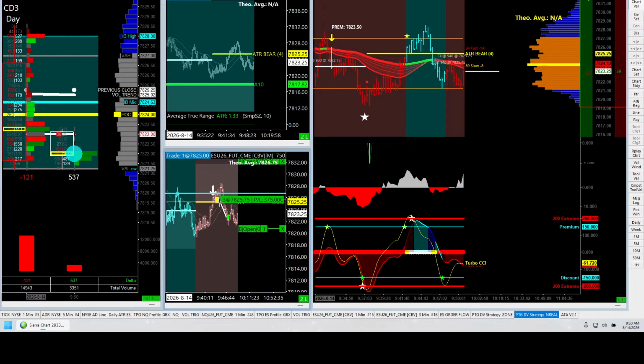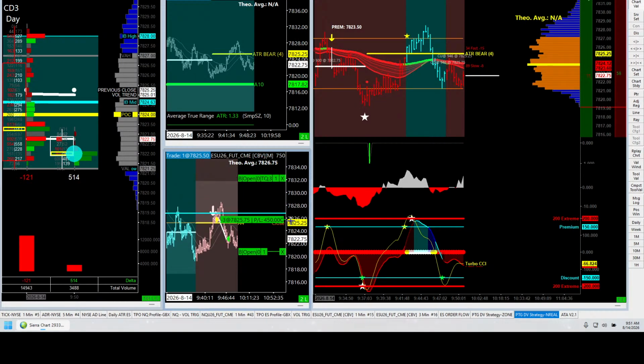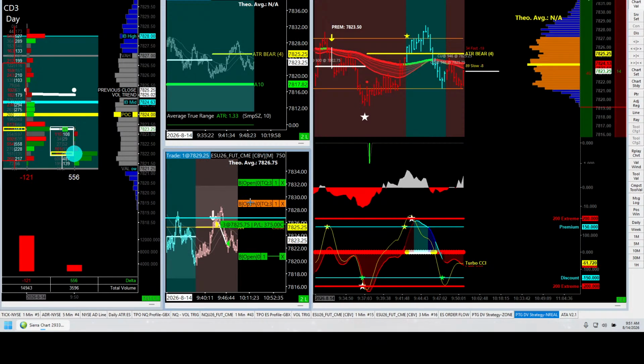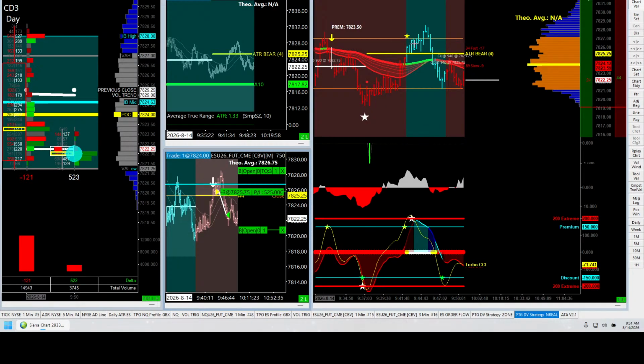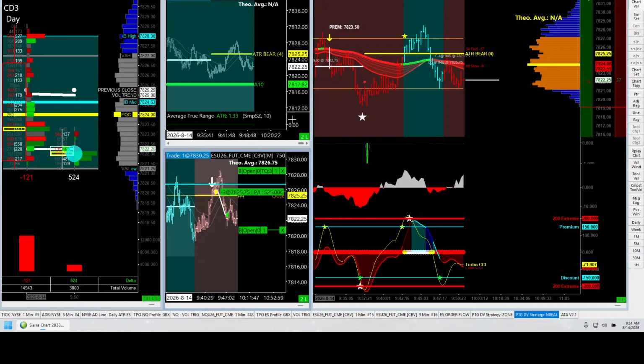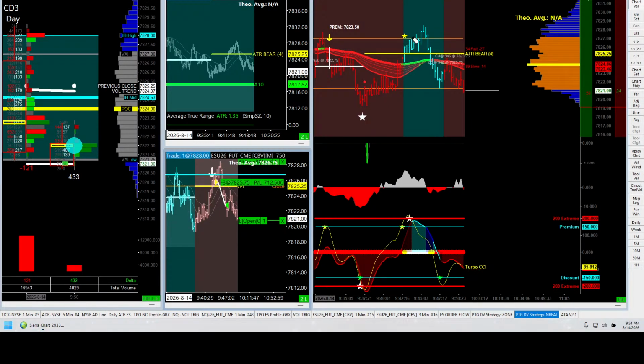In the meantime, that push up and then rotate back down. We do have an A4. Short here, with an initial scale, all within the range, but still. And that's another thing here, right?